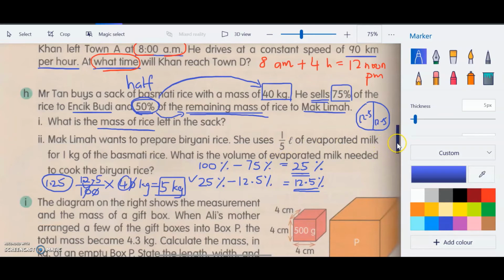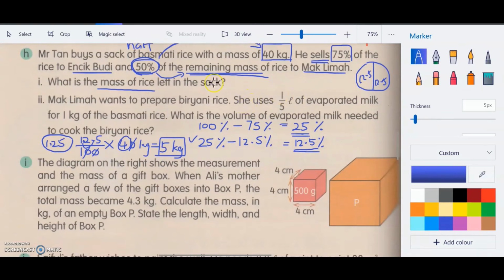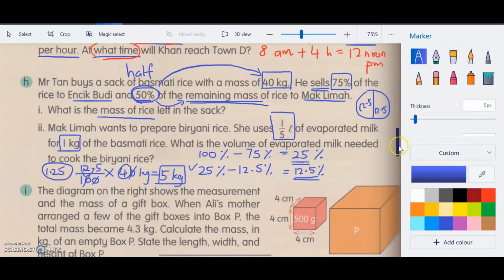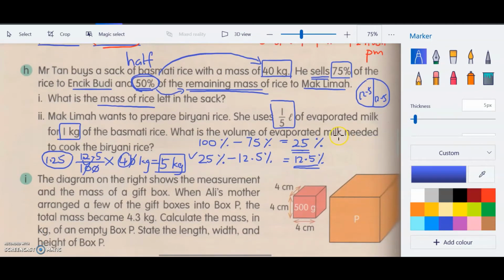Second question, Mak Lima wants to prepare biryani rice. She uses 1/5 liters of evaporated milk for 1 kg. This one you have to write down. This is the equation. 1/5 liters for 1 kg of rice.